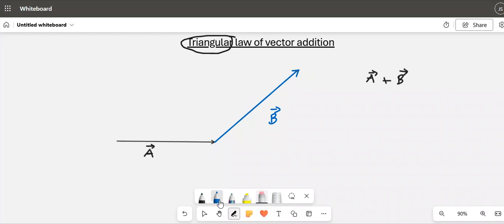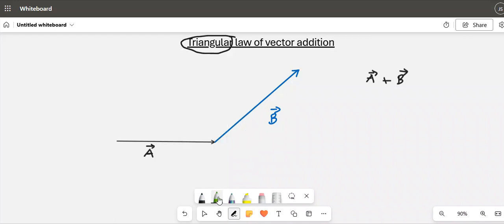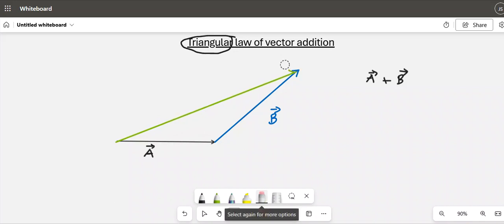Let me mark it with another ink. Yes, green, a good color. This is the third side of the triangle. But in which direction do I give the head of this arrow? The third side is known as the resultant side.